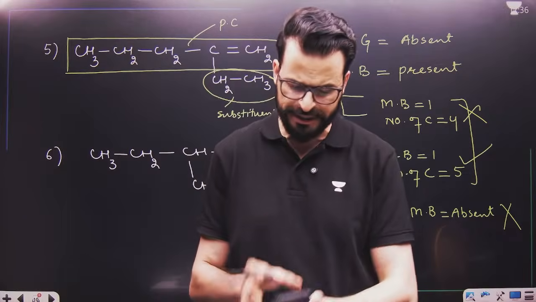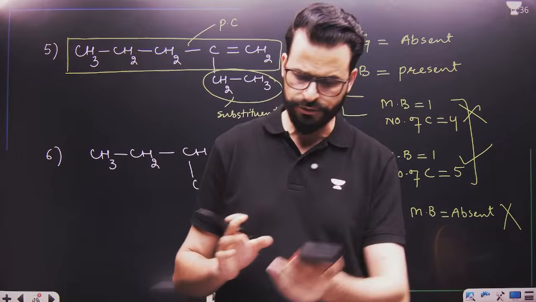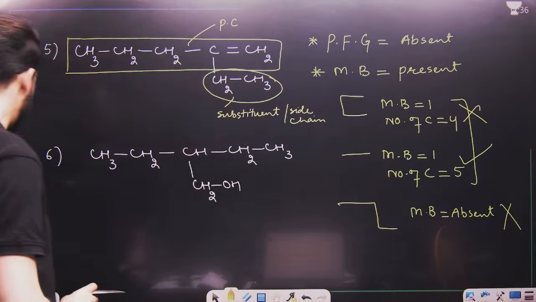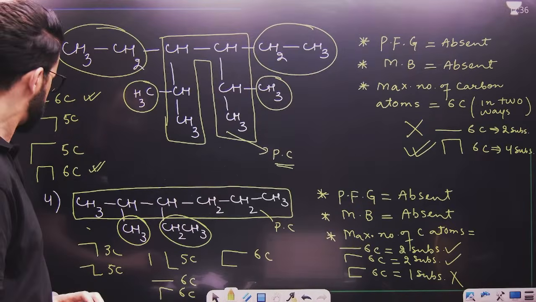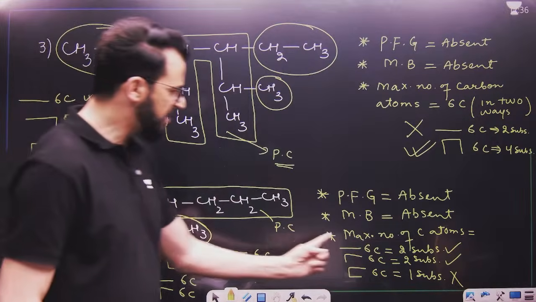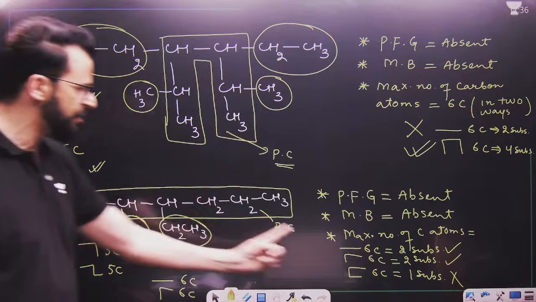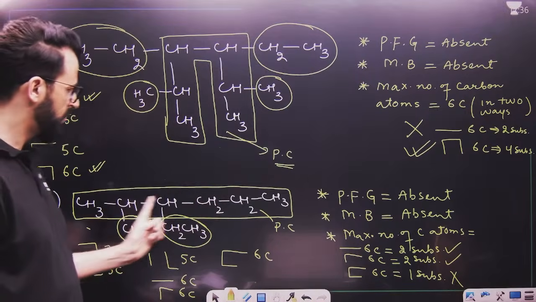Ria, is this point clear to you beta? In the previous slide, this was having 6 carbons and 2 substituents. Either this is the parent chain or this is the parent chain. This is one and the same.